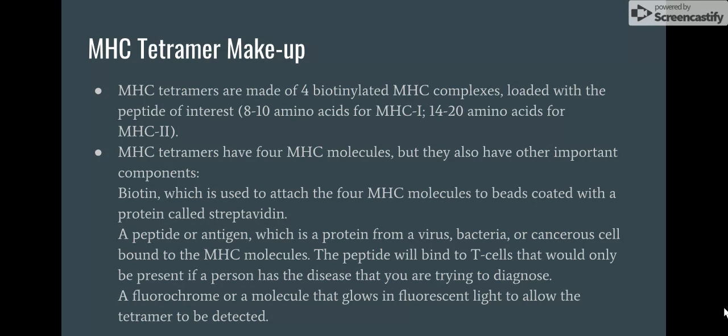There are multiple ways to make these proteins. The most common is the enzymatic method. The heavy chain, the beta 2 microglobulin invariant light chain, the peptide, and the enzyme BirA are co-expressed in Escherichia coli and mixed together with the peptide.